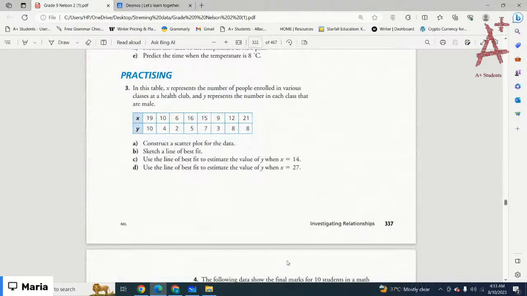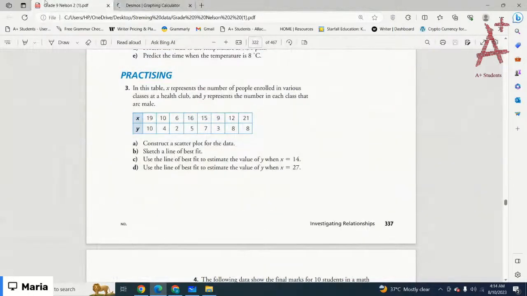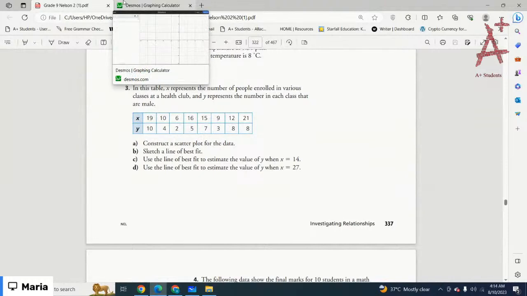First of all, you have to plot these points, then you have to make a line of best fit. Let me just plot these points. They are 19, 10. Because we have to see the graph, first you have to plot all these points.